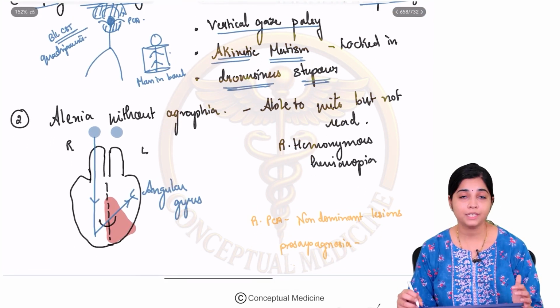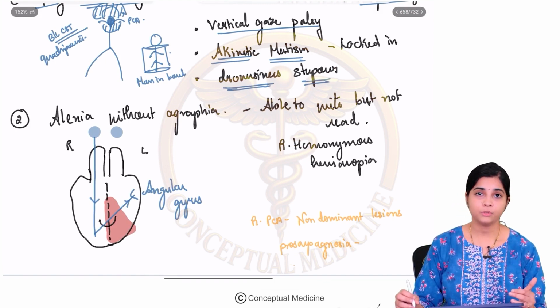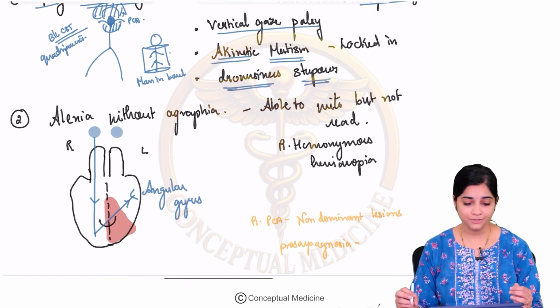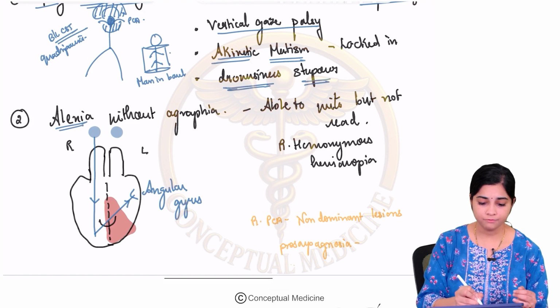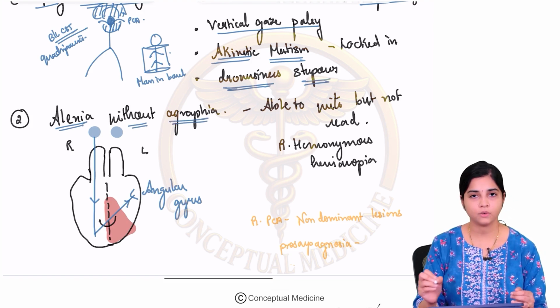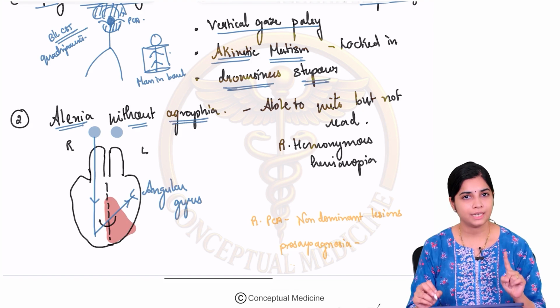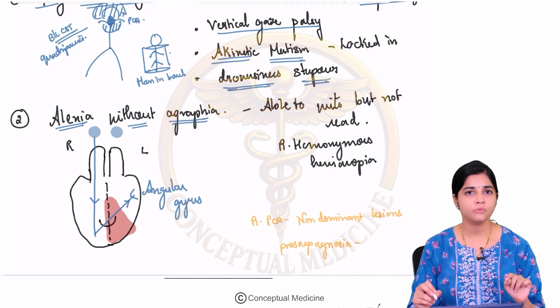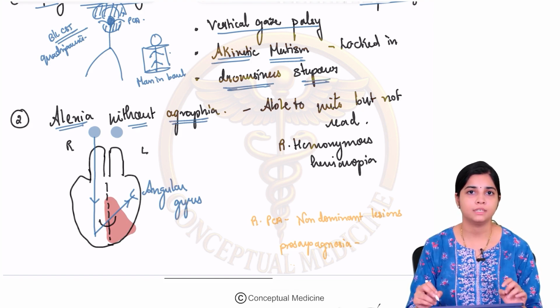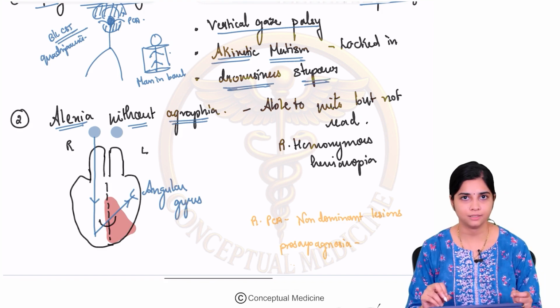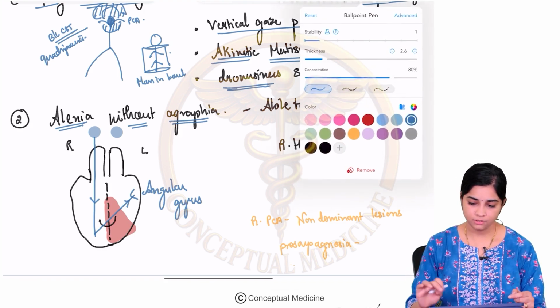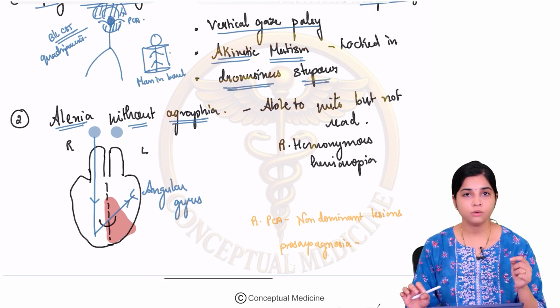Then the next characteristic feature, a very rare but very interesting syndrome, is alexia without agraphia. We have learnt about alexia with agraphia. Now we are learning about alexia without agraphia, and we will look at what the difference is. Where is the lesion in alexia without agraphia?